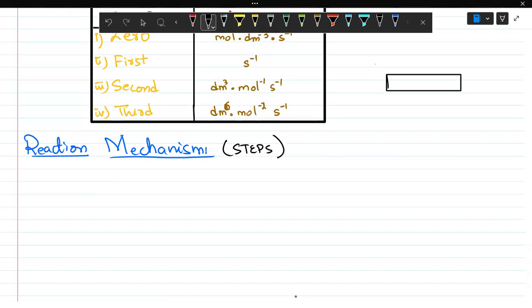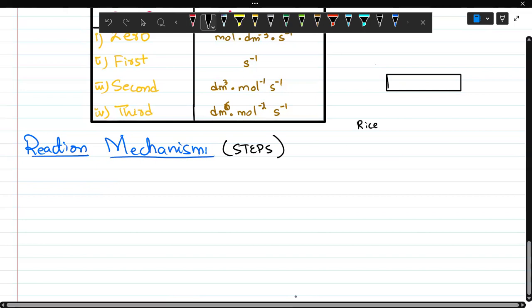Do you eat biryani? Yes, sir. Okay. Let's say we have rice, we have meat, we have spices. These three things combine and produce the biryani.